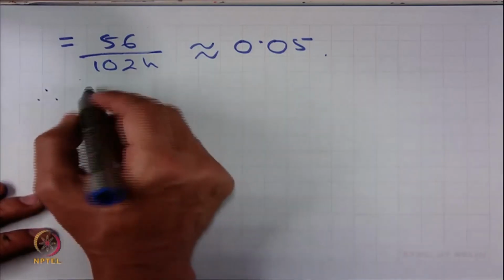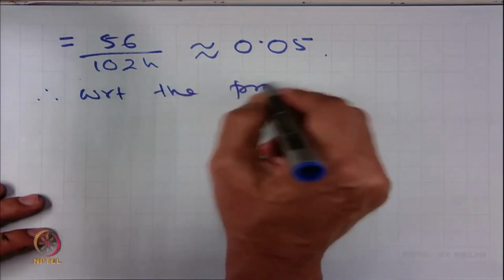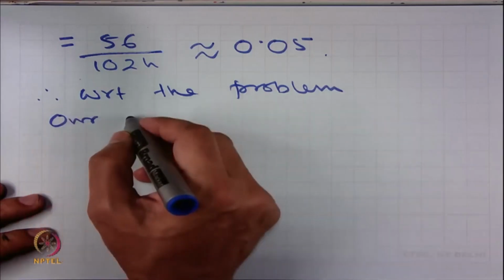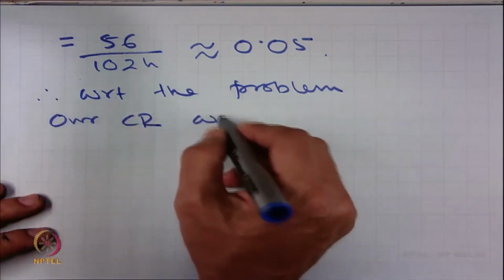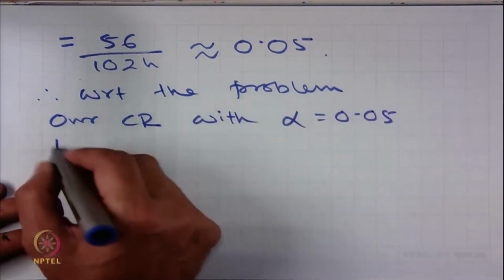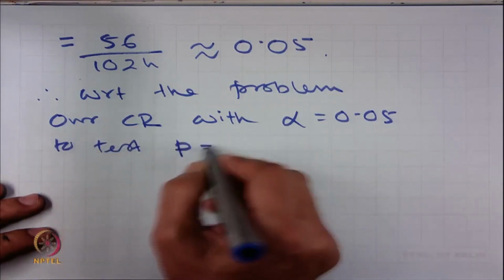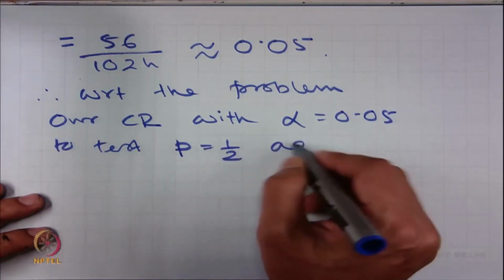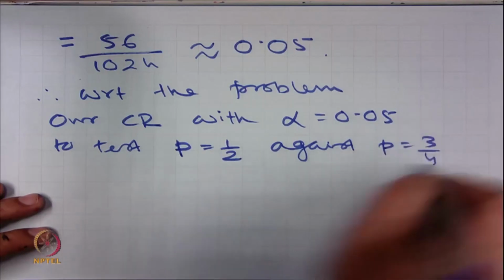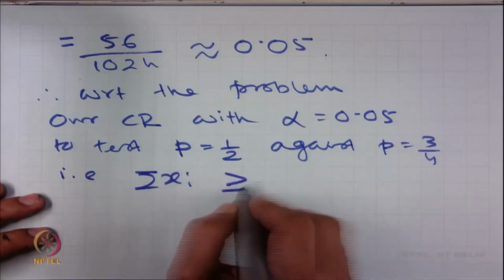Therefore, with respect to the problem, our critical region with alpha equal to 0.05 to test p is equal to half against p is equal to 3 by 4 is sigma xi greater than or equal to 8.